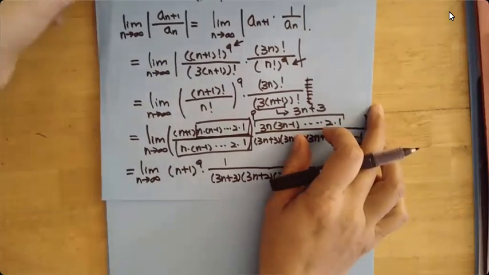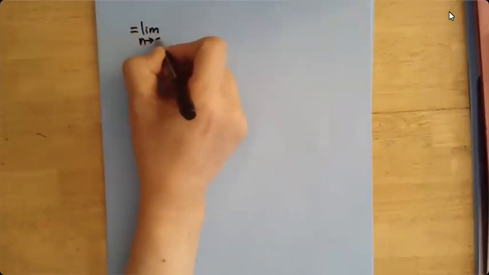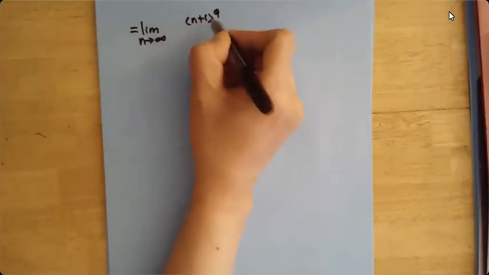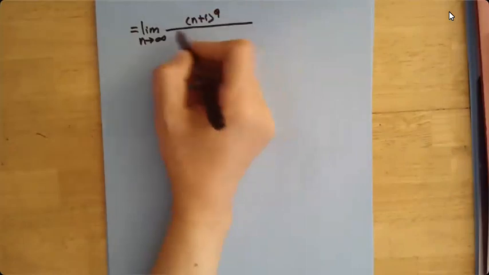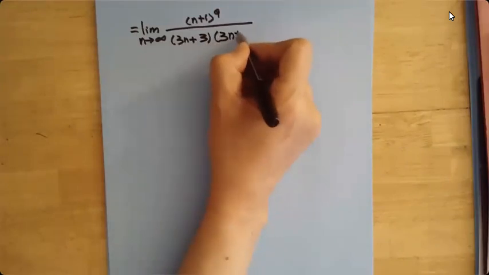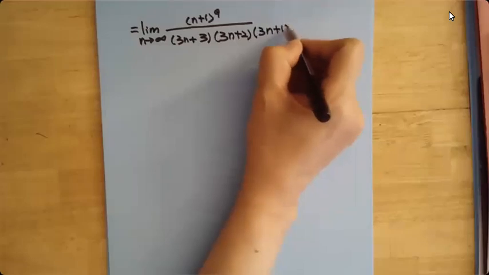If you rewrite, then it becomes limit n goes to infinity, (n plus 1) to the 9th power over (3n plus 3) times (3n plus 2) times (3n plus 1).